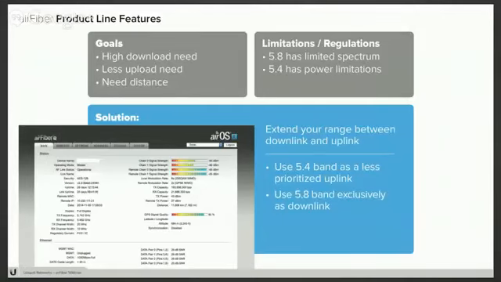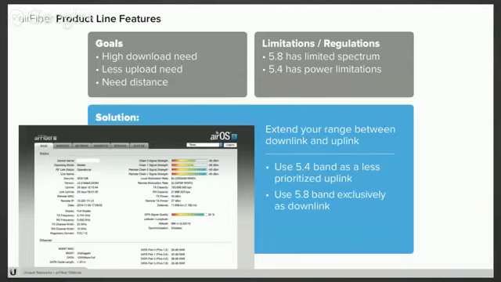To give an example of the types of things you can do with AirFiber, we have a sample here where we had the case I talked about, where you have a link that requires a lot of bandwidth in one direction, but not so much in the other. This might be a feed to a whole field of access points, or somebody who is running a web server or a server farm and has to push a lot of data in one direction, but doesn't have the same requirement in the other direction.